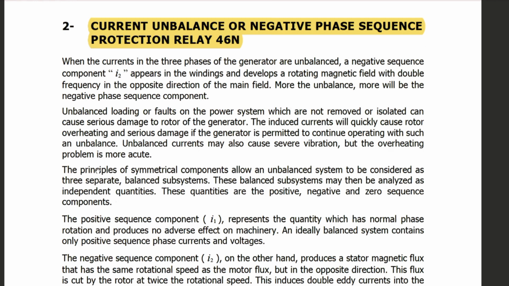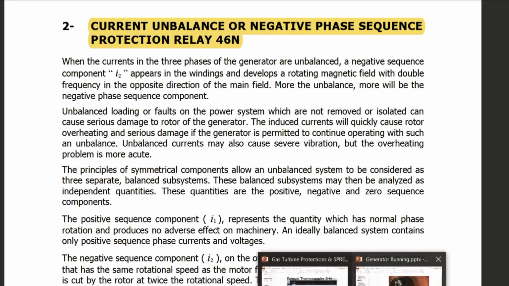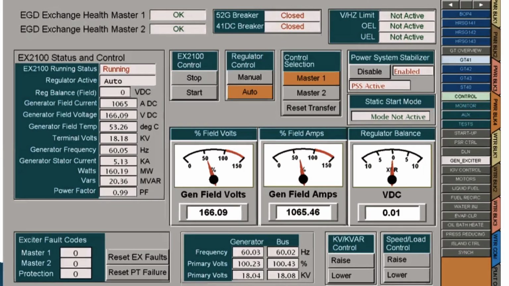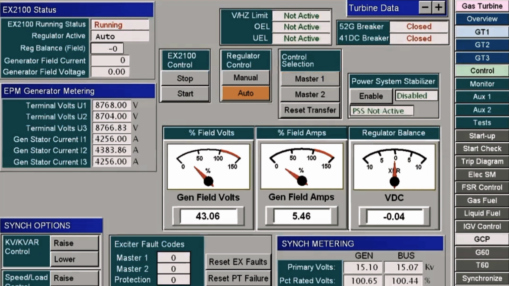The second protection of the generator is the current unbalance or negative phase sequence protection. There may be current unbalancing, for example, the red phase, yellow phase, and blue phase showing different currents, as I show you on the screen here. In this screen, you see the generator stator currents I1, I2, and I3.